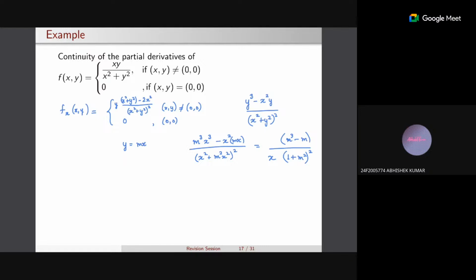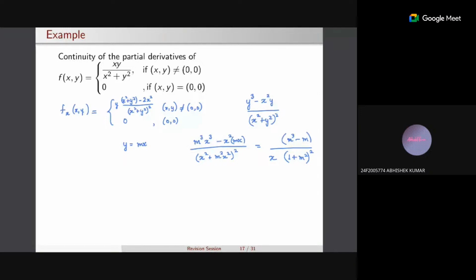Now if m cube is equal to m, which is 1, minus 1, 0, whatever those things are, y is equal to x, y is equal to minus x, and y is equal to 0. Along these lines, you will have this converge.